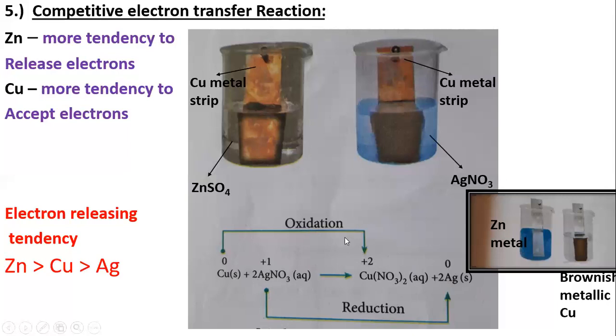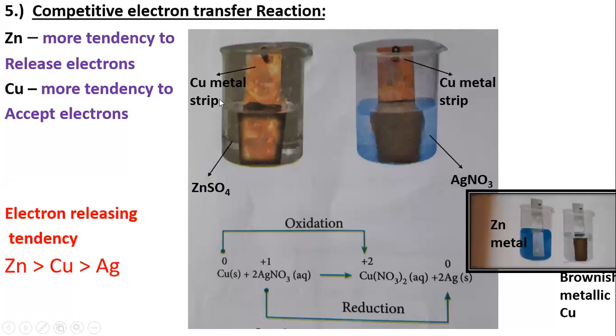So in this video session we discussed the types of redox reaction. The first one is combination reaction, then decomposition reaction, displacement reaction under the two categories of metal and non-metal displacement, then disproportionation reaction, and last the competitive electron transfer reaction.